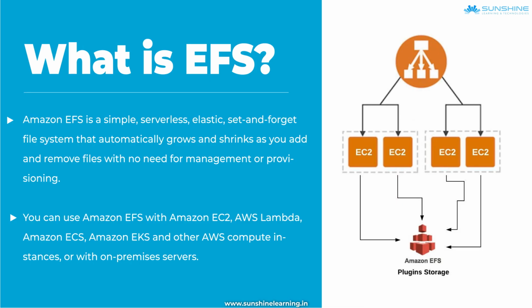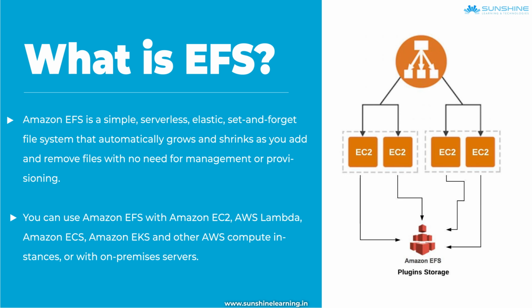So what is an EFS? Let's look into it from this slide perspective. Amazon EFS is a simple, serverless, elastic, set-and-forget file system that automatically grows and shrinks as you add and remove files, with no need for management or provisioning. So here you can see this is an Elastic File System, and this can be mounted with multiple EC2 instances in different availability zones.